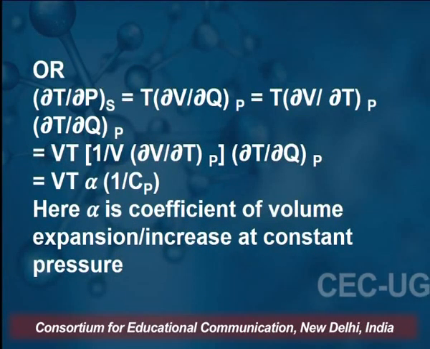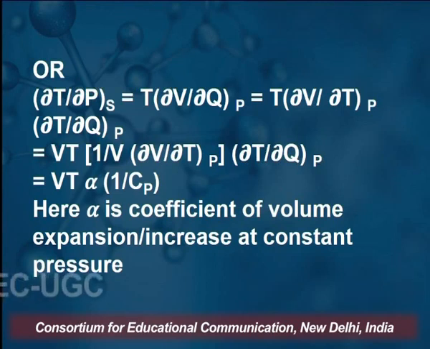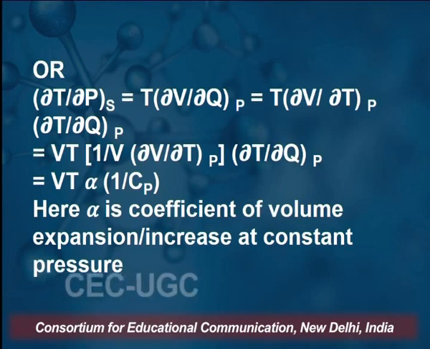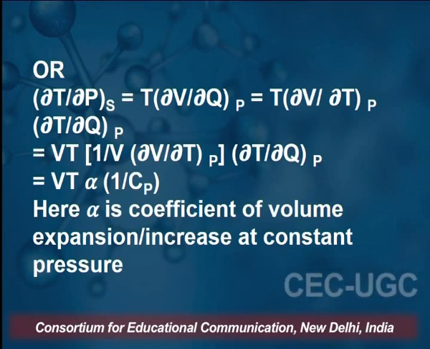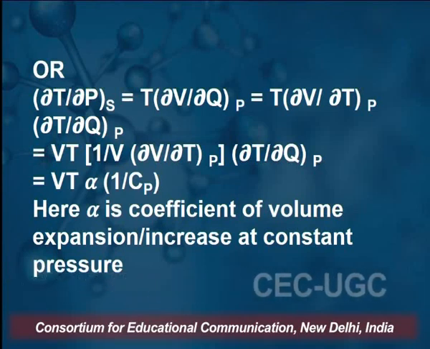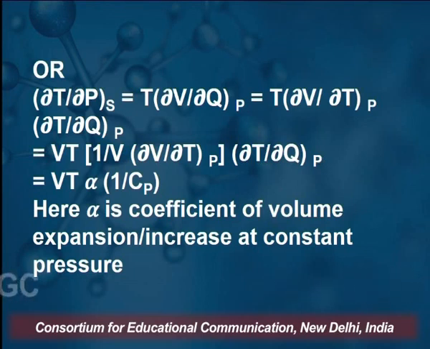So, what do we get? We get (∂T/∂P) at constant S is equal to T times (∂V/∂Q) at constant P, which is equal to T (∂V/∂T) at constant P into (∂T/∂Q) at constant P. Now, we multiply and divide by V. So, we get V T (1/V)(∂V/∂T) at constant P into (∂T/∂Q) at constant P. Alpha is defined as the coefficient of volume expansion at constant pressure.